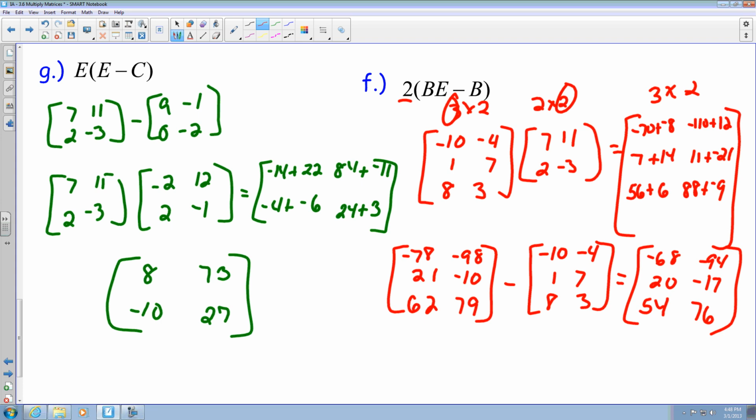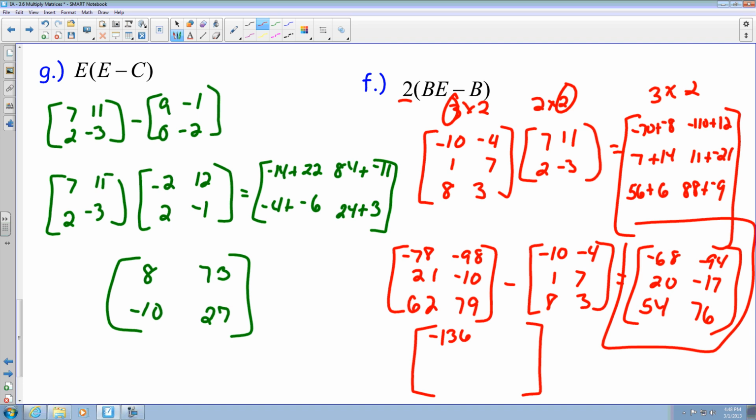So this matrix here gets multiplied all by 2. If I multiply each of those values in the matrix by 2, I would get negative 136, negative 188, 40, negative 34, 108, and 152. And that's the solution for that one.